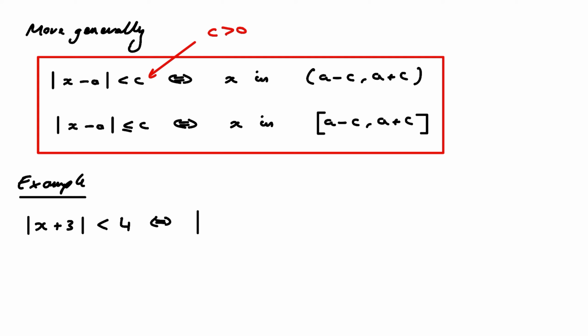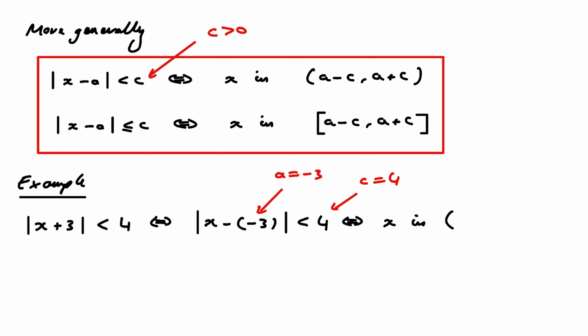So this is x minus minus 3, okay? Less than 4. So if I want the exact same notation, a here is not 3, it's minus 3. And c here is equal to 4. So now this is if and only if x is in the interval minus 3 minus 4 to minus 3 plus 4, which is equal to the interval minus 7 to 1.